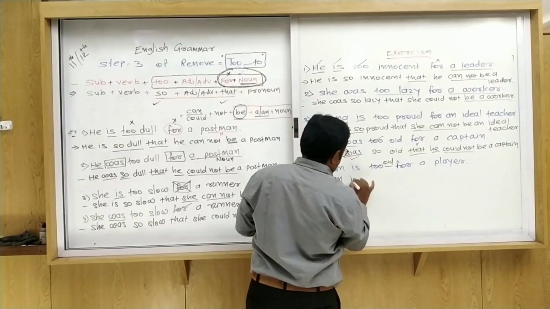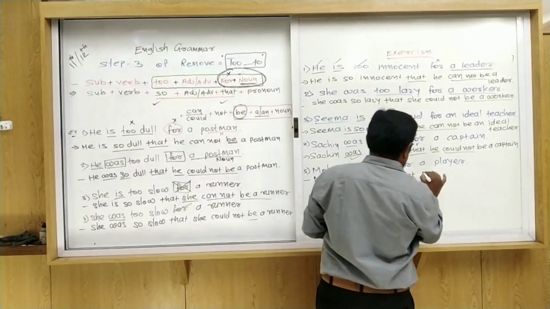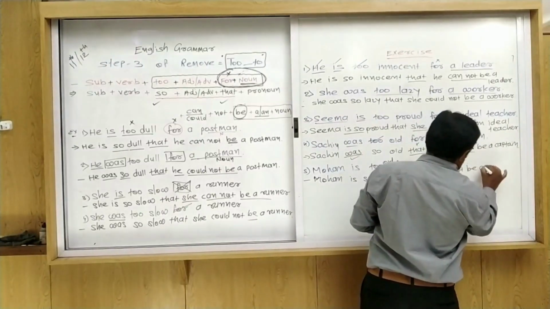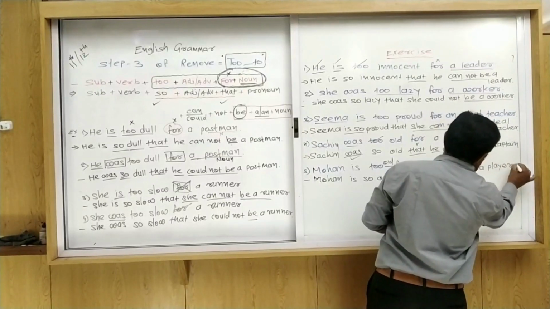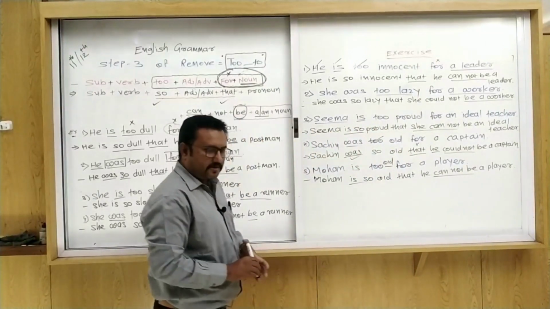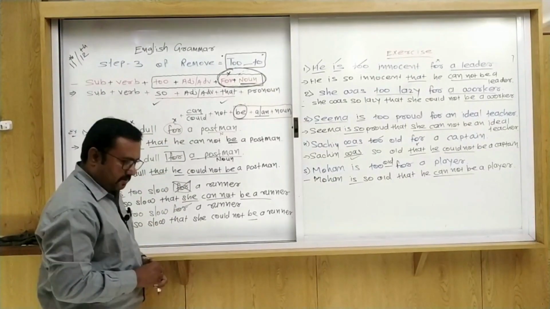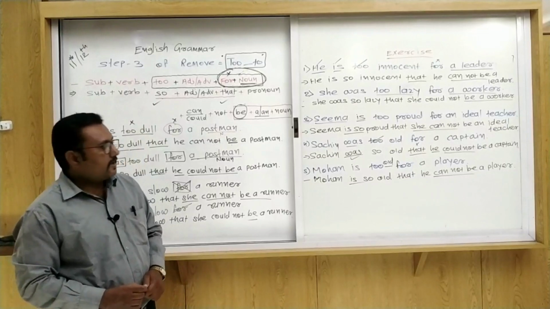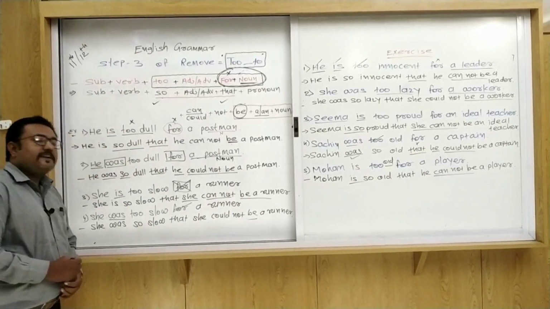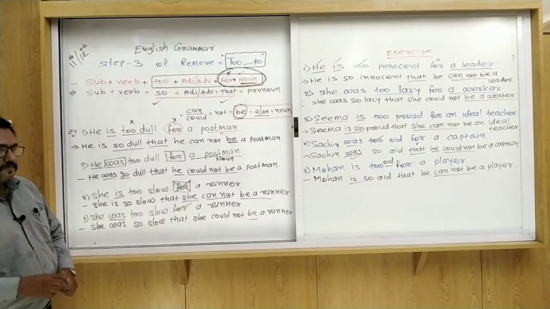So Mohan is so old that he cannot be a player. Okay. So when you try to make the sentence, it is necessary to remember the structure of the topic. I hope you understood the topic and you can take the screenshot here and don't forget to write it down in your notebook.